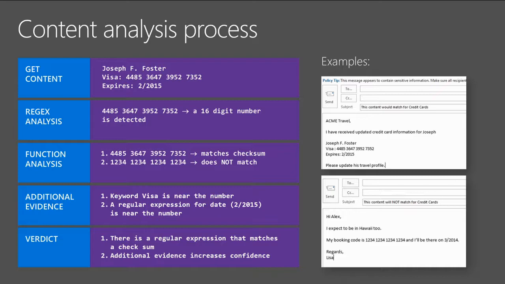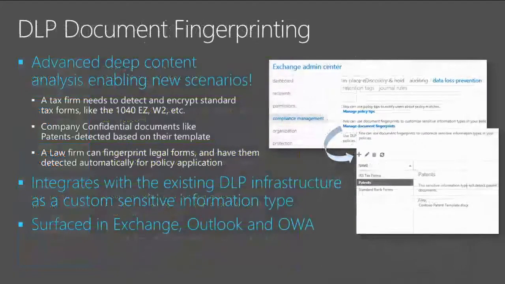All right, so now looking at document fingerprinting. This is a very different way to find sensitive information. And we've already had a preview of this in the initial scenario in OWA, looking for sensitive information that's not based on a specific pattern or keywords, but much more focused on what is the document and how much of the original document is contained in what is being analyzed.